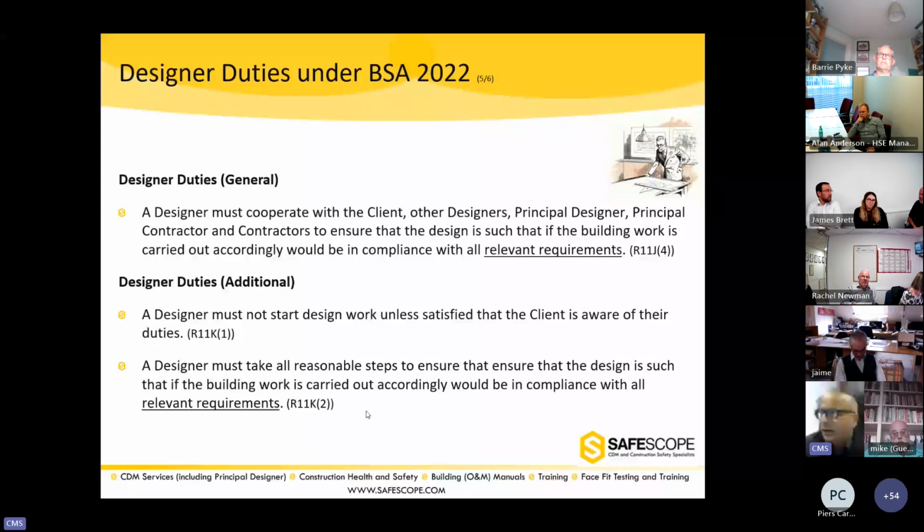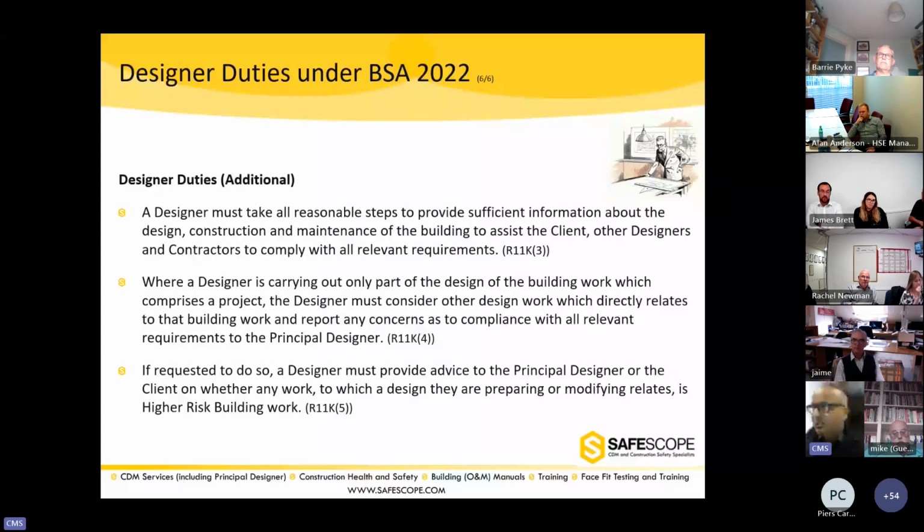A designer must take all reasonable steps to provide sufficient information about the design, construction, and maintenance of the building to assist the client, other designers, and contractors. So the ambiguity of the information needs to disappear.